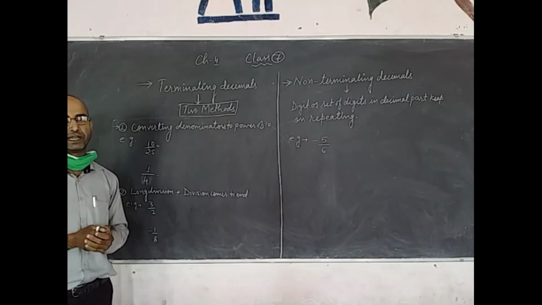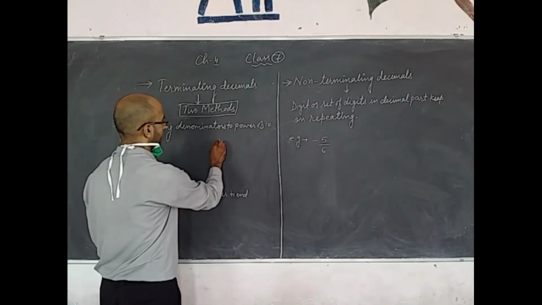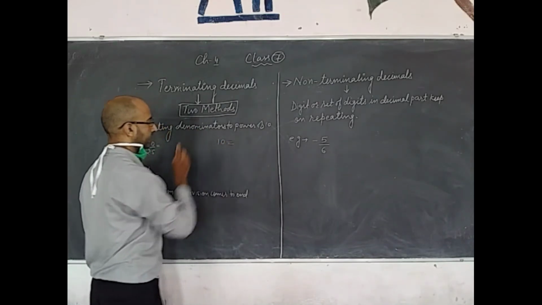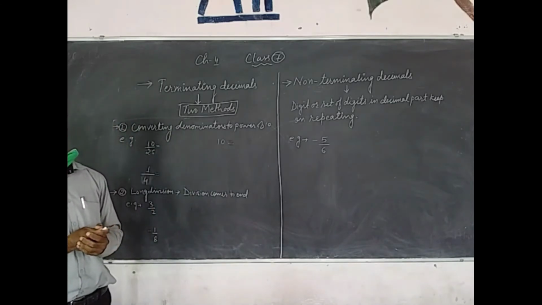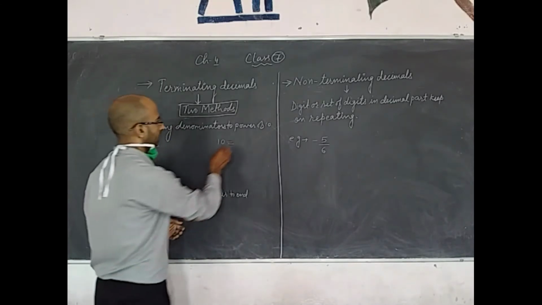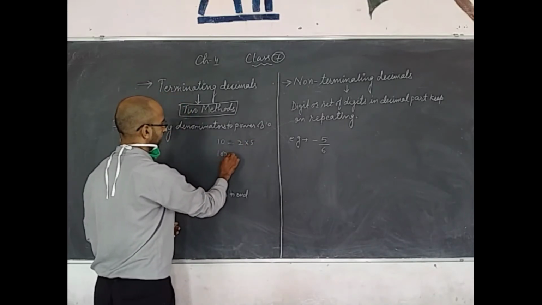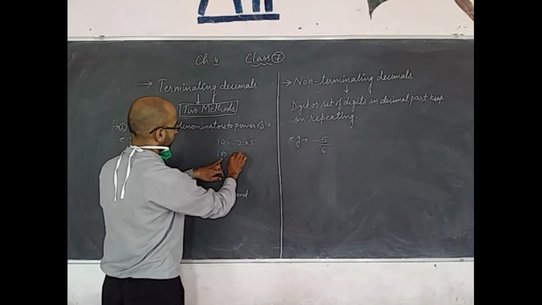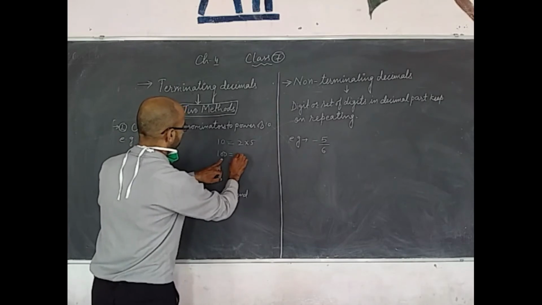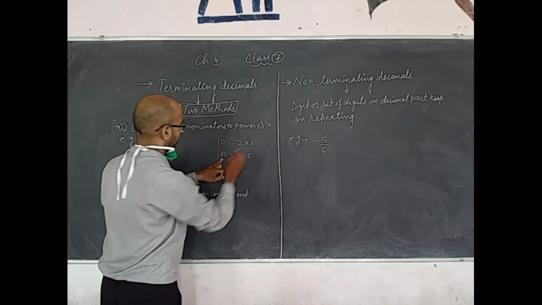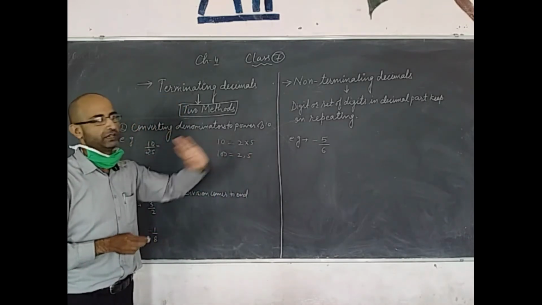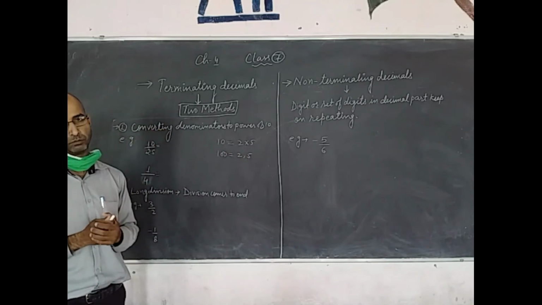Power of 10 means, if you do the prime factorization of 10, it will give you 2 into 5. If you take 100, you can also see it comes in the form of 2 and 5. Their factors will be 2 and 5 only, not any other prime number.